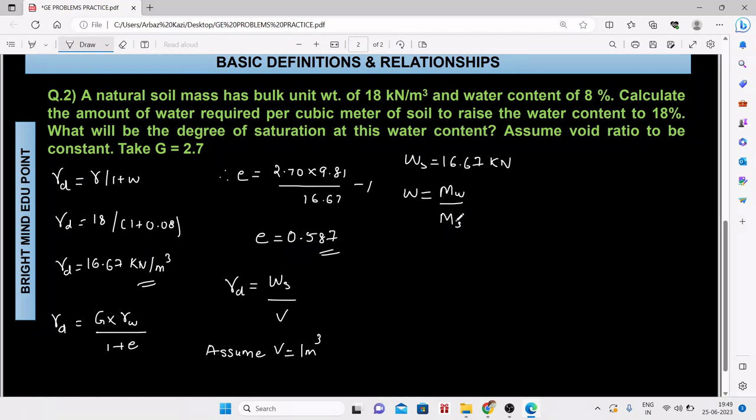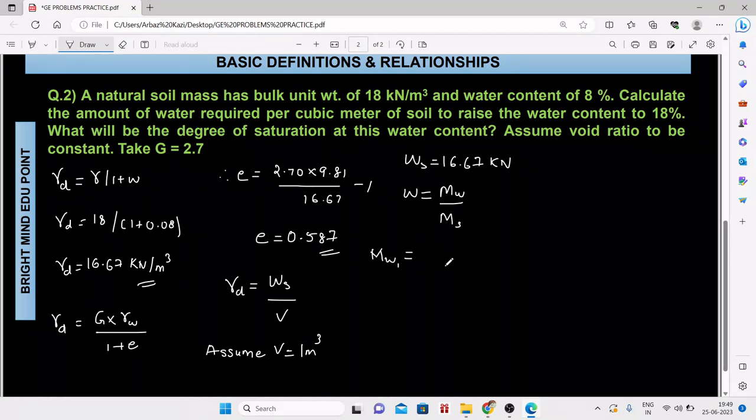So we have two water contents provided to us. One is 8% and another is 18%. So let Mw1 be the mass of water when the water content was 8%.